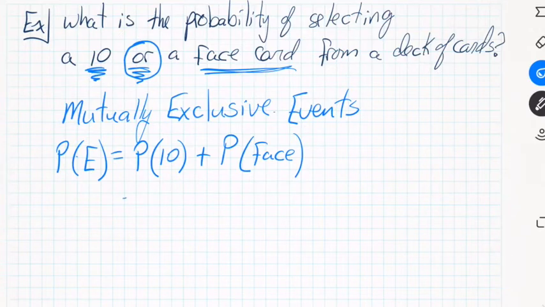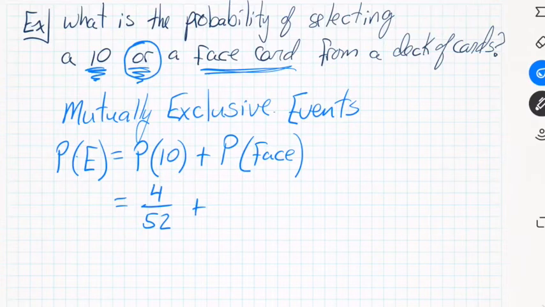So we can substitute a few things in here. How many 10s are in a deck of cards? Well, there's 4 of them: 10 of hearts, 10 of diamonds, 10 of clubs, 10 of spades. So the number of events is 4. The number of outcomes is 52. There are 52 cards in a deck. Plus, then we have to ask how many face cards are there?